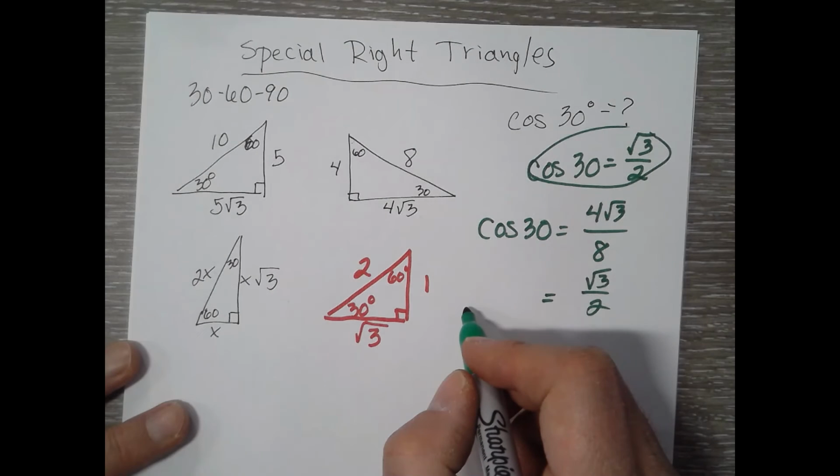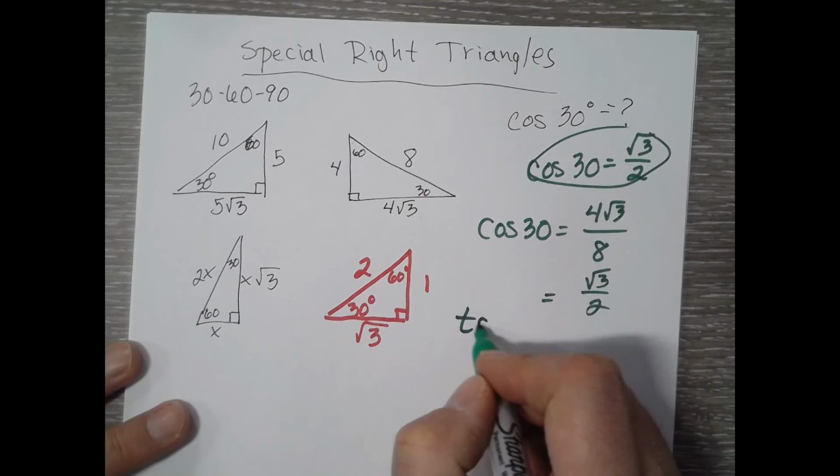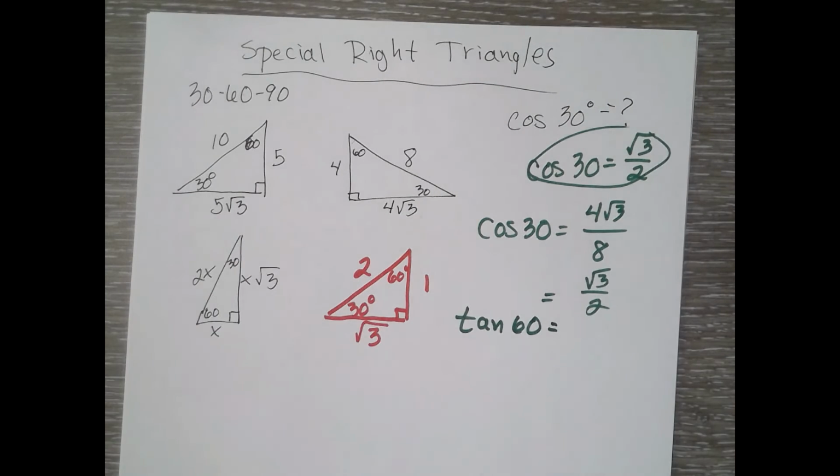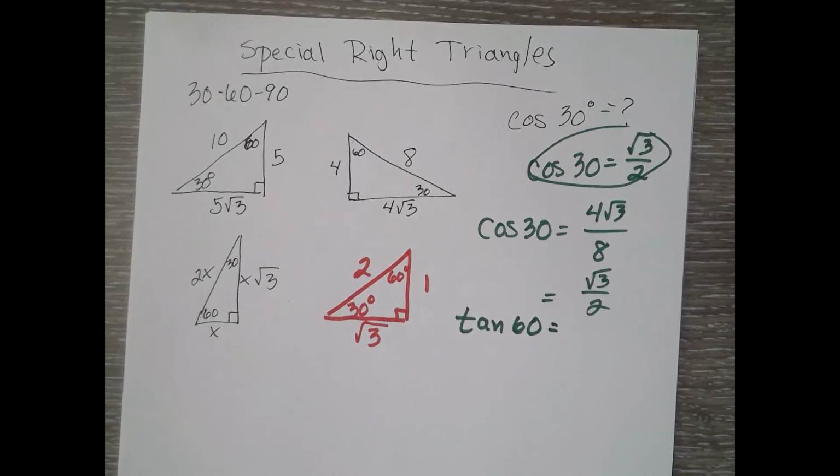Everybody see if you can tell me what the tangent of 60 is. Don't say it out loud. You can look at my red triangle. Good. Anybody have an answer? Square root of 3 over 1, or just the square root of 3. Very good.